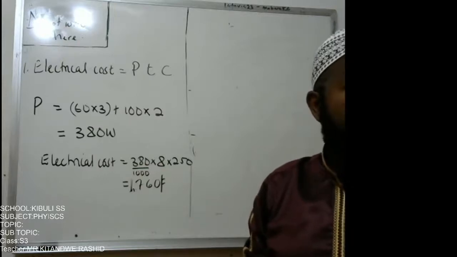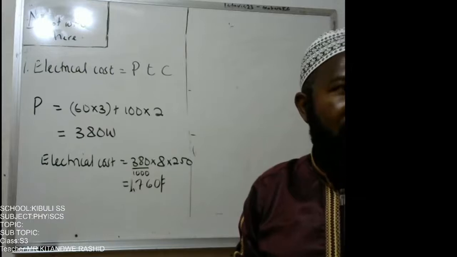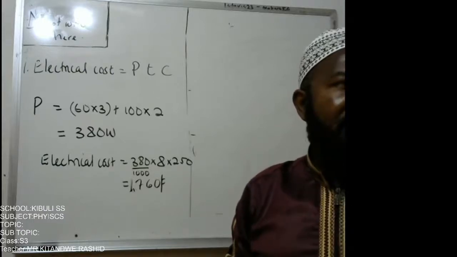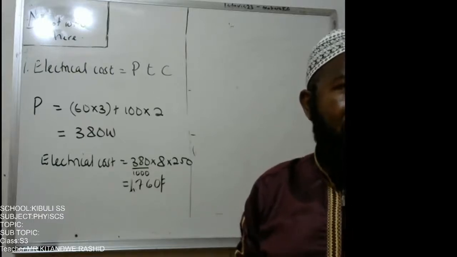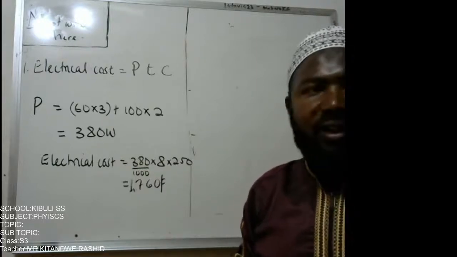Find the total cost paid for electricity at the end of the month of September. And each unit costs 500.